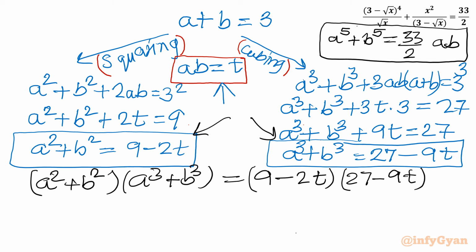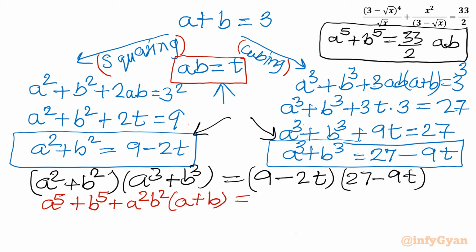Once I multiply a square with a cube, it will become a power 5. B square with b cube gives b power 5. Then a square b cube plus a cube b square. So I can take a square b square common, and in the bracket we will have a plus b.